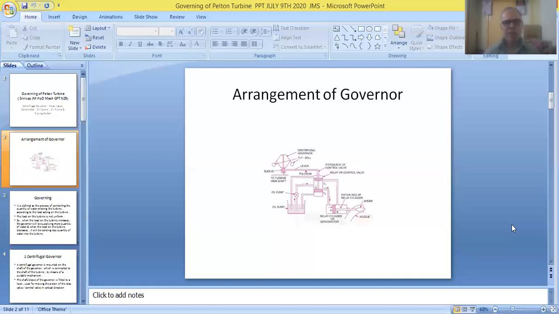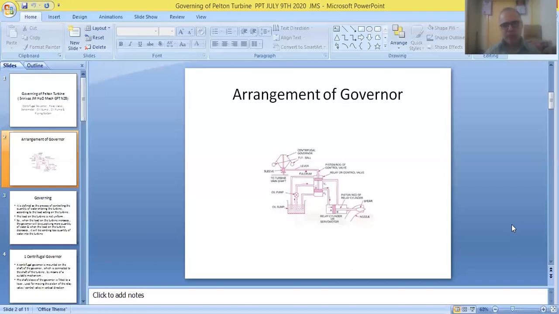That means when the piston of the servometer moves in forward direction, all the guide blades will be coming to closed position. So lesser quantity of water will be entering the turbine. Similarly, when the servometer moves in a reverse direction, all the blades will be coming to open position, and therefore more quantity of water will be entering the turbine.